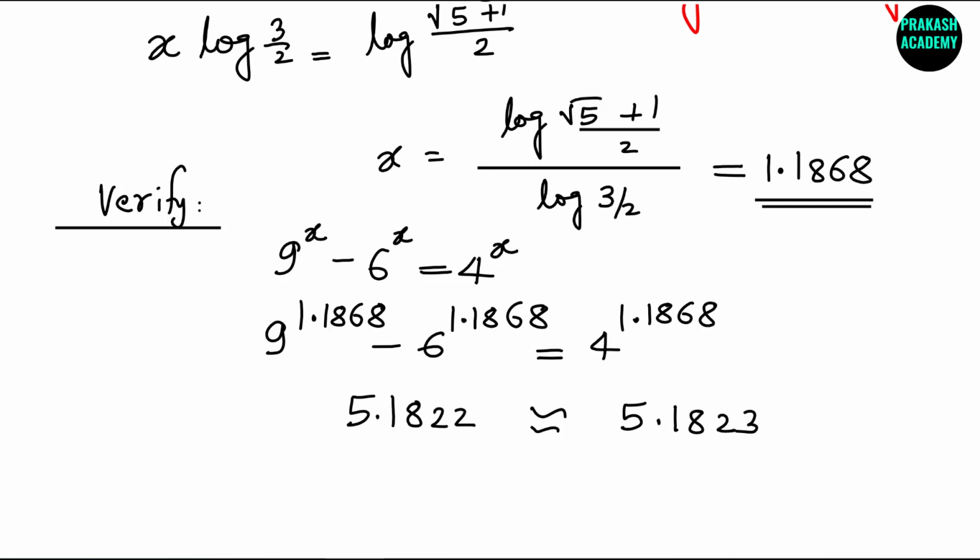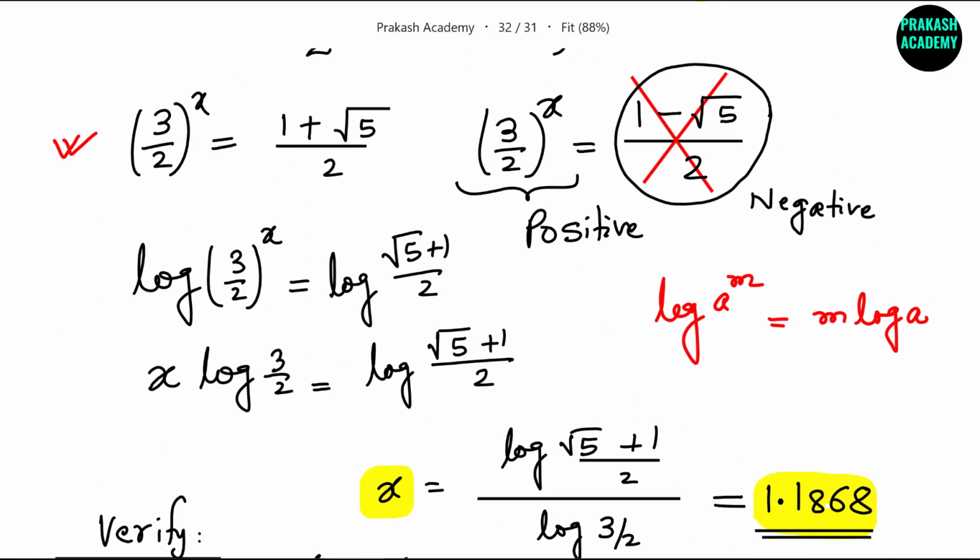So this means 1.1868 is a solution of this equation, that is the value of x. And in this case we have only one solution. The other solution coming from this root is not possible because this is a negative term which cannot be equal to this term.